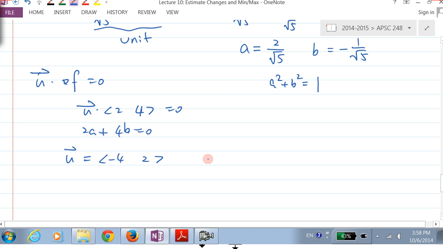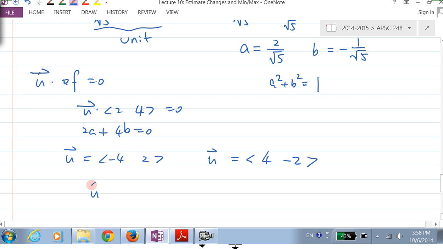What's the other solution? It will be 4 and negative 2, just based on this. Is that clear? See, 4 times 2 is 8, negative 2 times 4 is negative 8, so added together is 0, right?